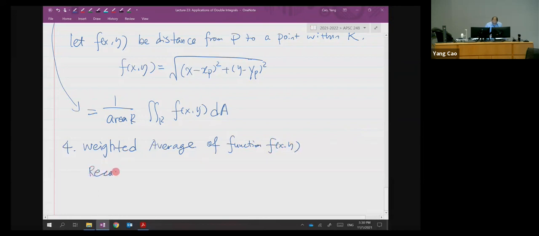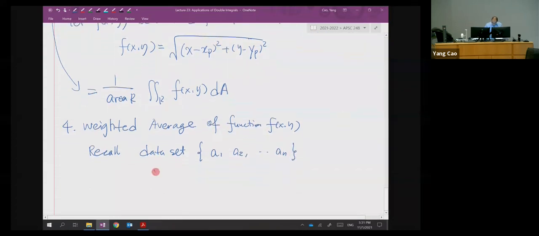Again, let's start from the simple concept from your 254. Suppose you have a data set, A1, A2, up to AN. At the same time, you also have a set of weights, W1, W2, up to Wn.